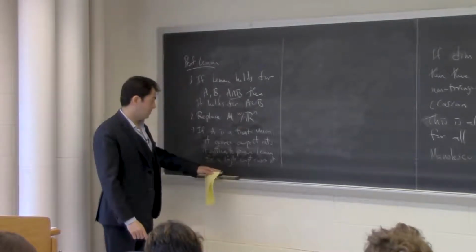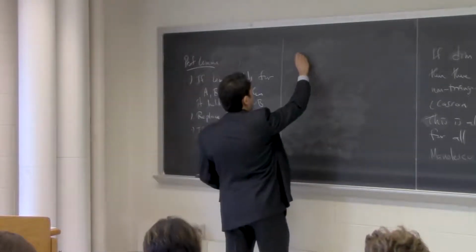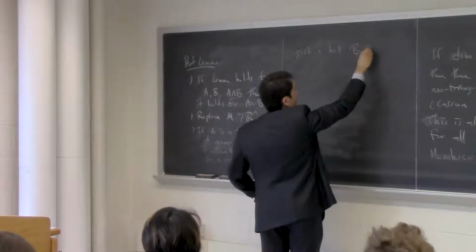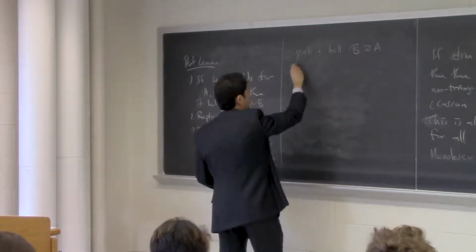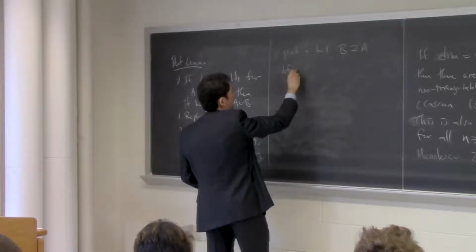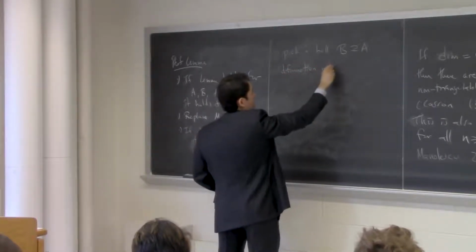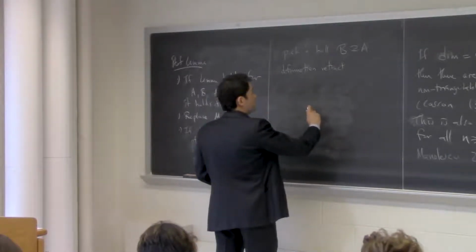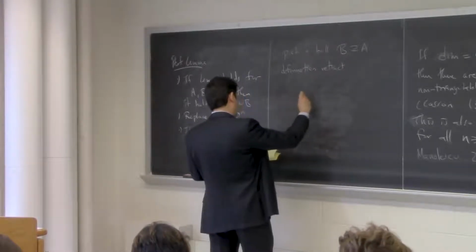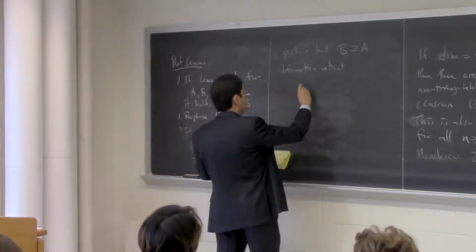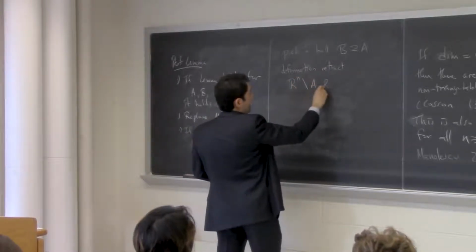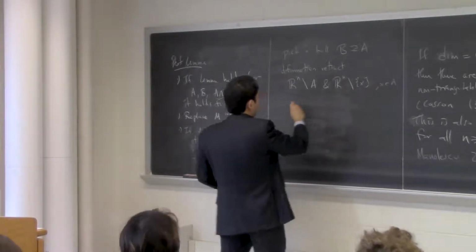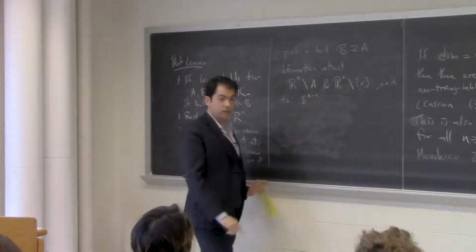Okay, but in that case, if you have a single compact convex set, then you can pick a ball containing A, and you can deformation retract both R^n minus A and R^n minus a point, any point in A, to S^(n-1).